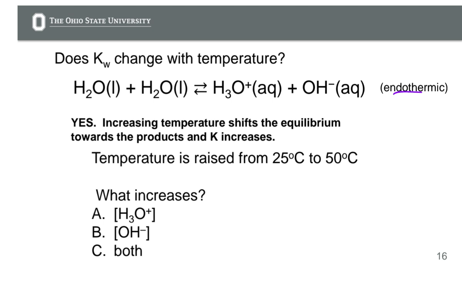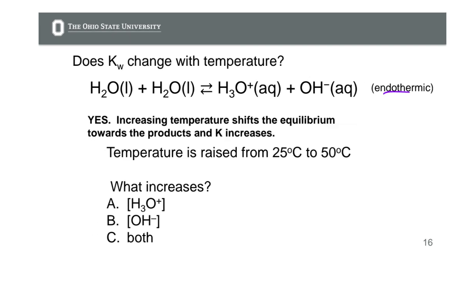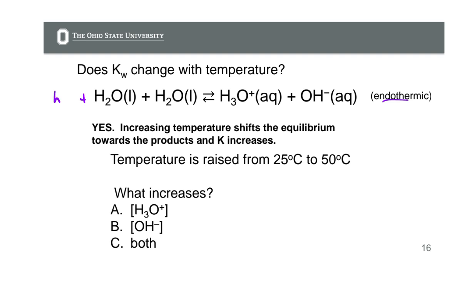So if we have an endothermic reaction, does heat go on the reactant side or the product side? Reactant side. Okay. So if we increase the temperature, we're essentially putting more reactants into the equilibrium and forcing that reaction to go to products. Sort of stated here in the bold: increasing the temperature shifts the equilibrium towards the products and K increases.